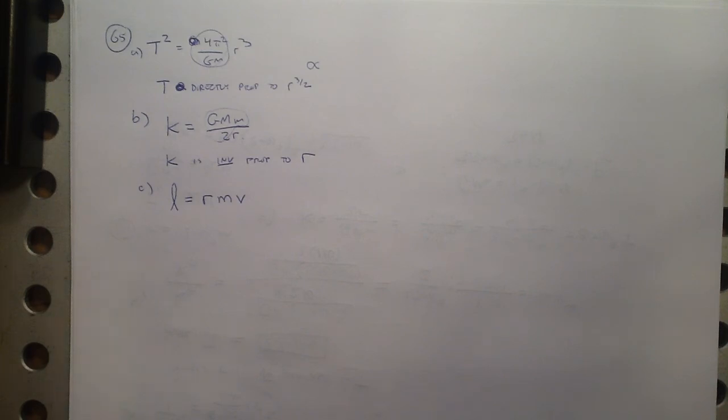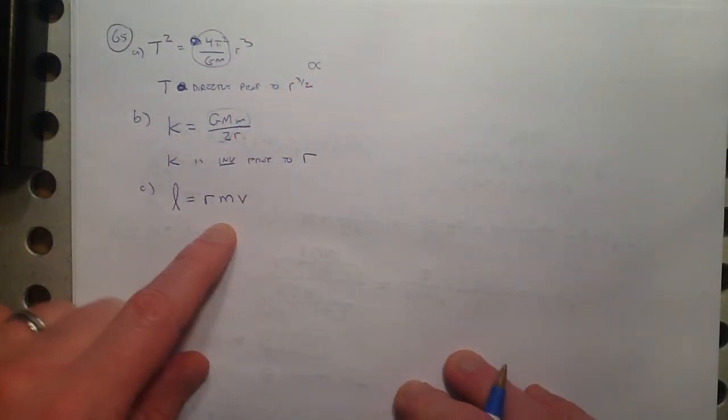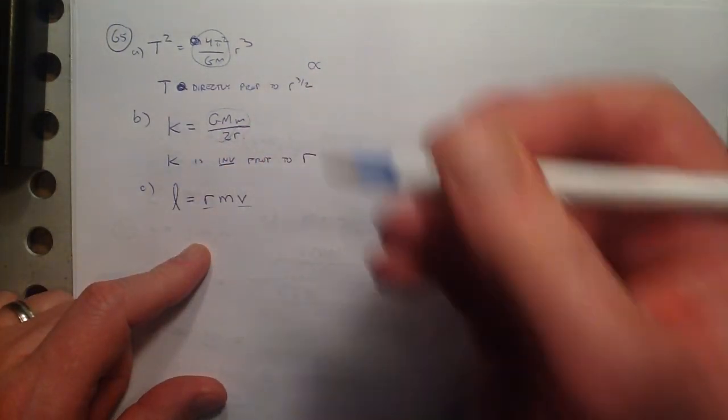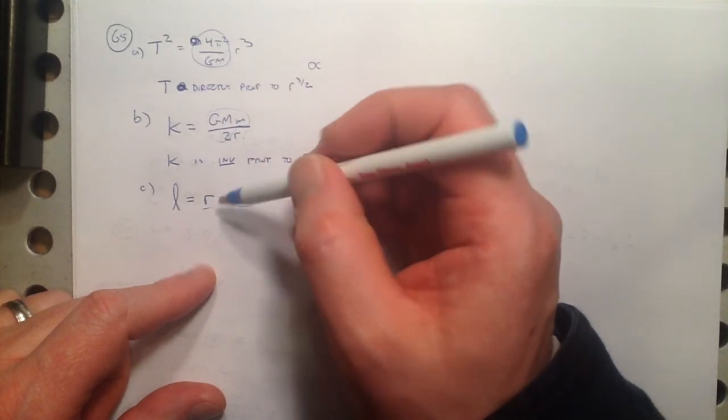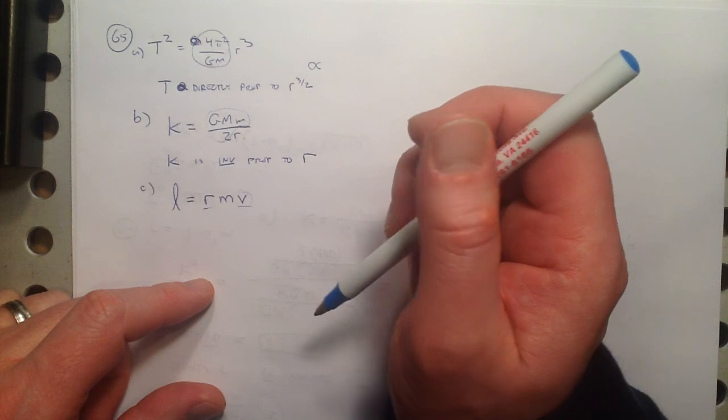So the angle will always be 90 degrees, right? The r and the v will always be perpendicular to each other. But the problem is I've got two variables here. So what's v equal to?